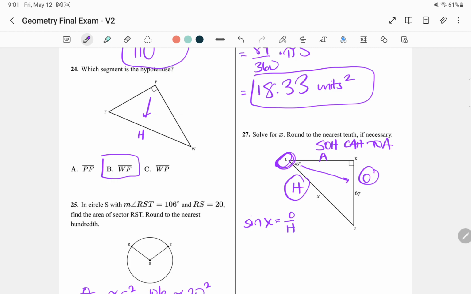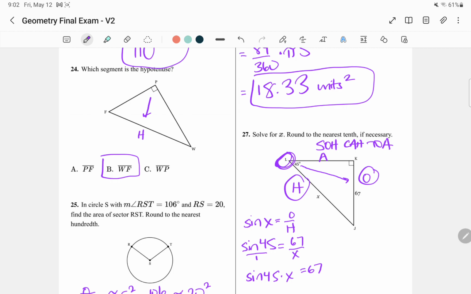And now we're going to fill in. So 45 degrees is our X, 67 is our O, our H is x. And now we're going to use butterfly, which means it's going to be sine 45 times x is equal to 67, right? So if I put this over 1, that's how I got butterfly: sine 45x times 67 times 1.